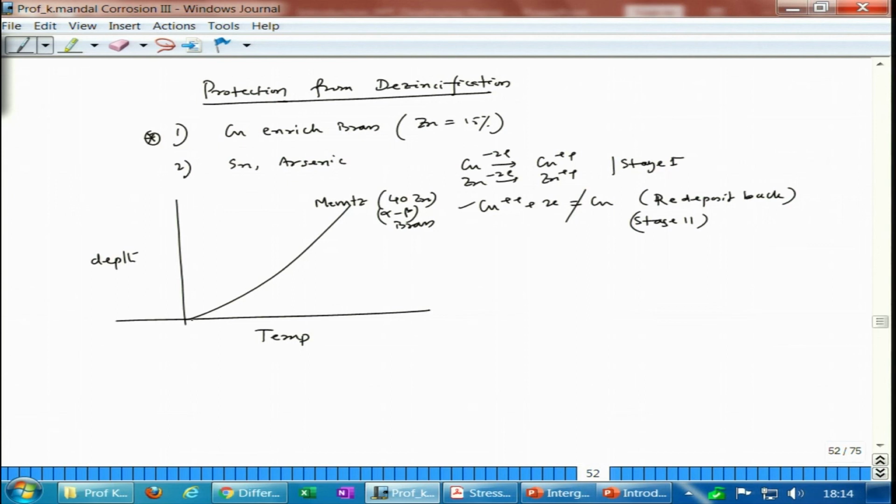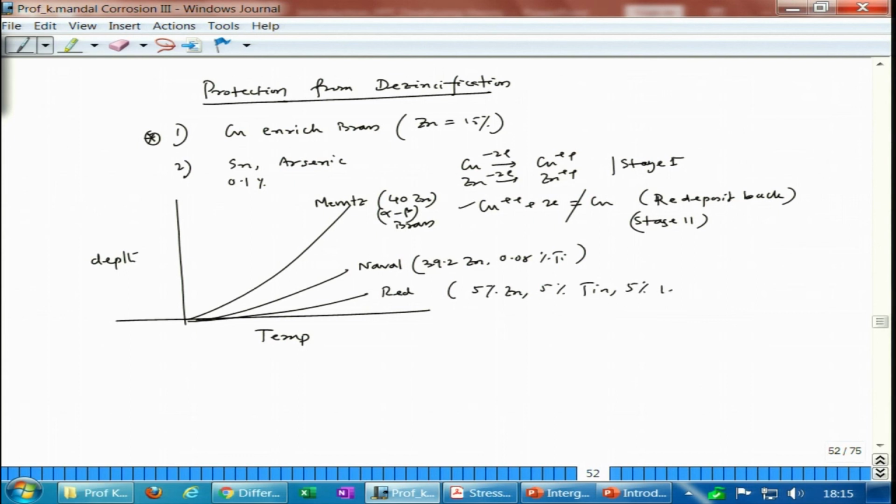Then one can have naval bronze, which is around 39.2% zinc and 0.08% tin. So, I said that this is around 0.1% addition. And then red brass, which is around 5% zinc, 5% tin and then 5% lead.